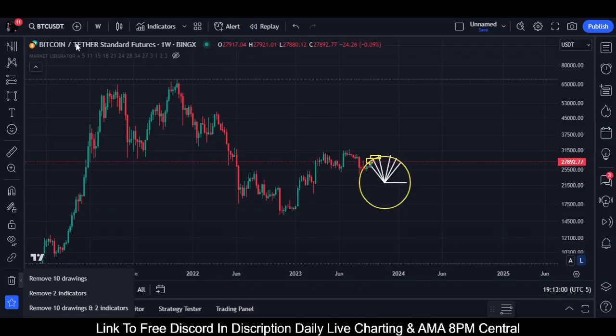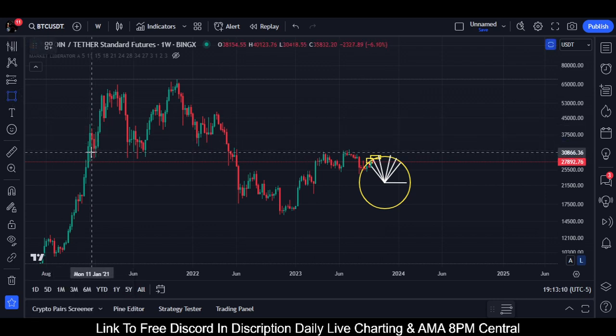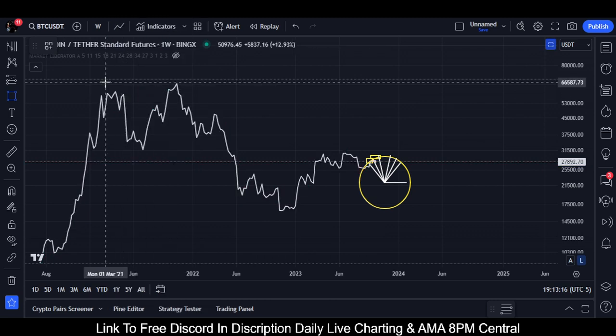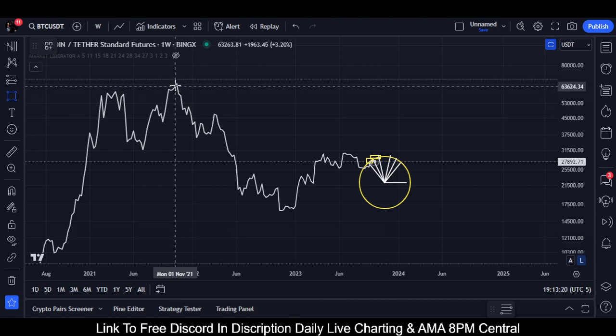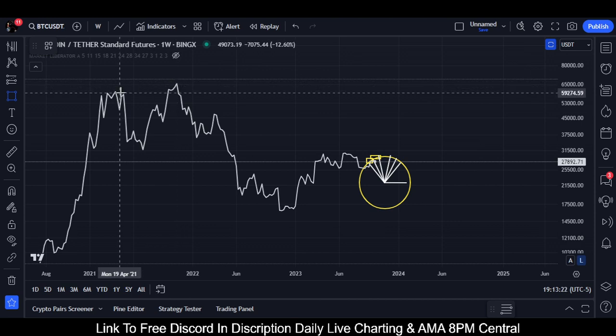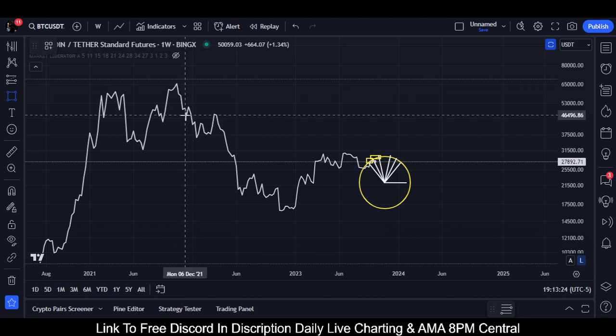And let's do some geometry. So here we have a range. Here we have a range. And what we're going to do is grab our rectangle, and we are going to flip to our line tool. Now I consider this out of the range. This was a liquidity grab. It broke out of the range, came right back in it.